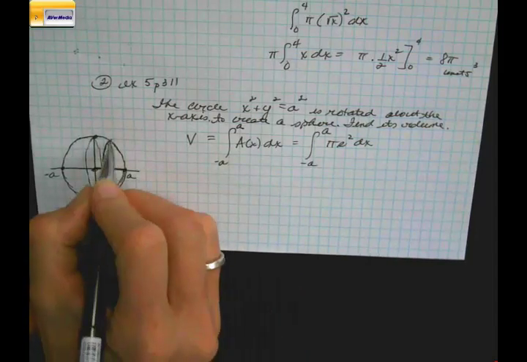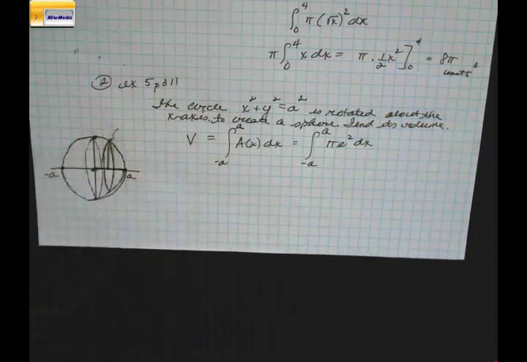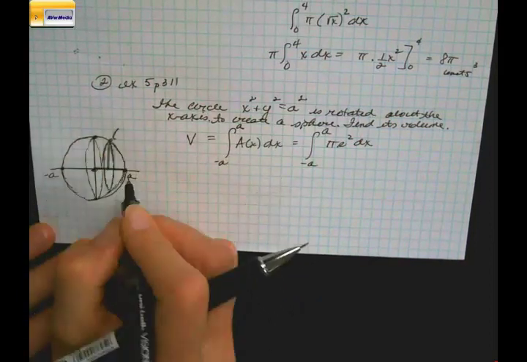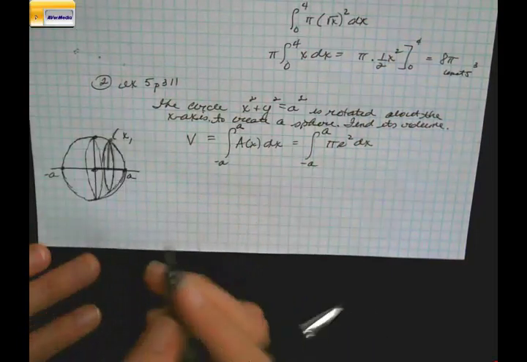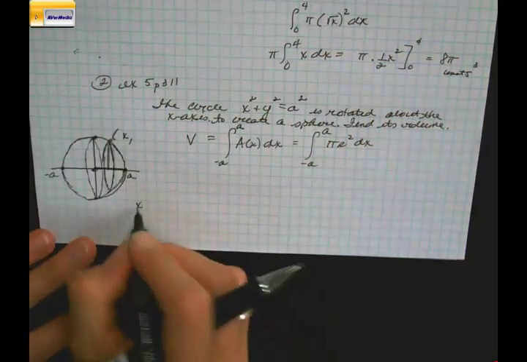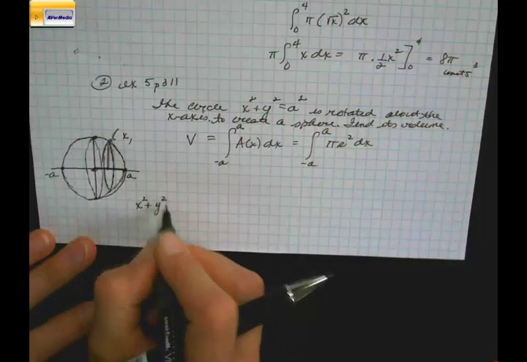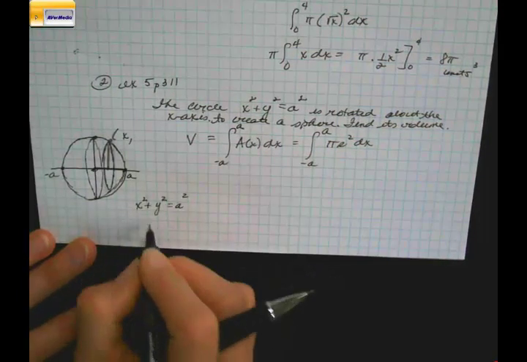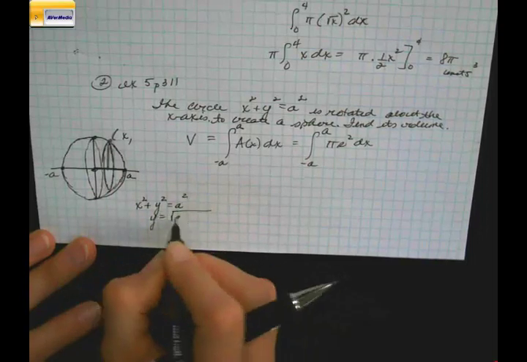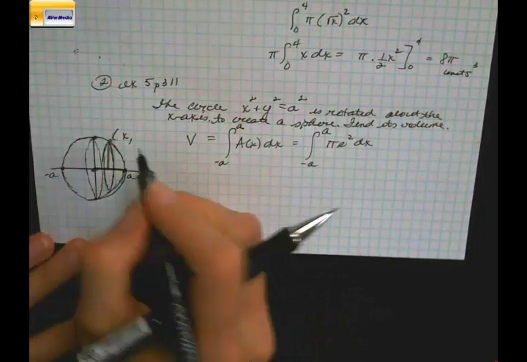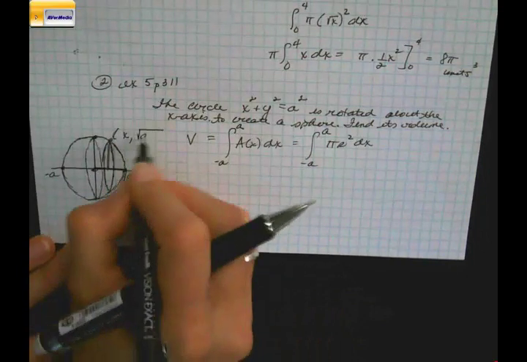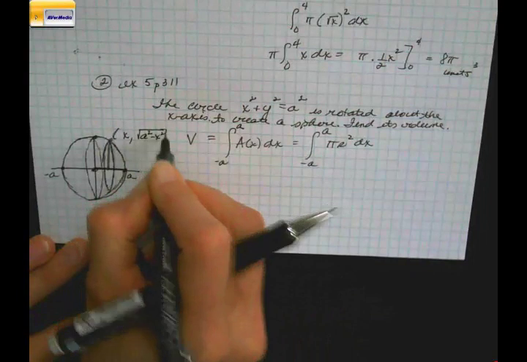So this point right here, whose ordered pair is defined as x and what? Your circle is x squared plus y squared equaling a squared. In other words, y is going to be the square root of a squared minus x squared, right? So this is x and the square root of a squared minus x squared.